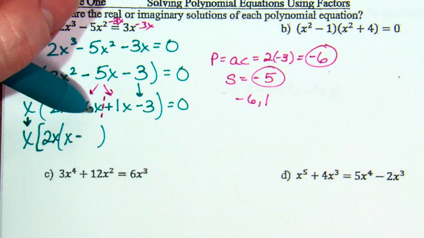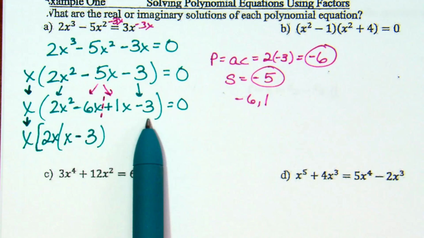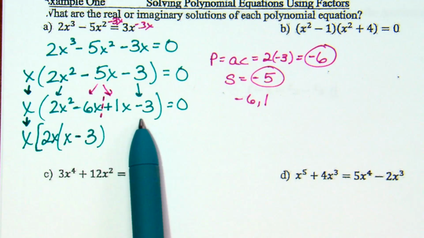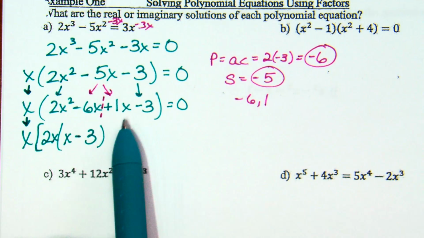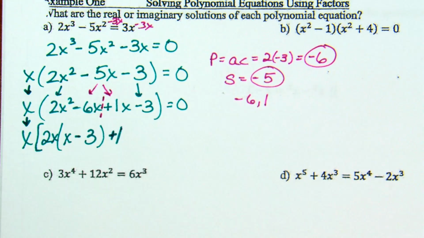Okay. GCF of the second half. What do 1x and minus 3 both divide by? If all else fails, there's nothing else in common, there's still a 1 in common. And what happens when you divide by 1? 1x divided by 1 is still x.